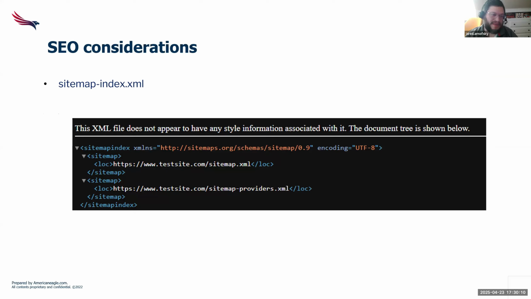If I do sitemap-index.xml, it will now render what you're seeing here, and we've piped in the second entry for sitemap providers. So now from an SEO perspective, we can change our robots.txt to look at the sitemap index, and now it'll have the website and all of the pages as well as the sitemap providers in those two files.